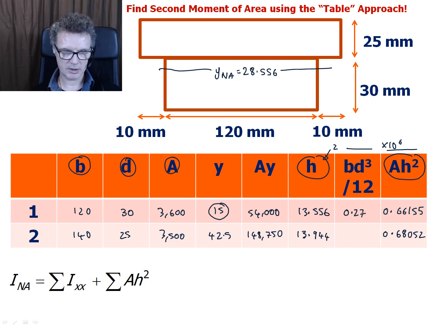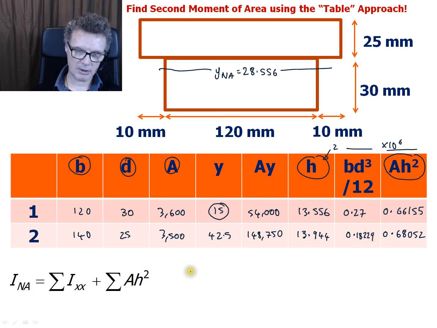And this one here, 140 times 25 to the power 3 divided by 12, and that is 0.18229.